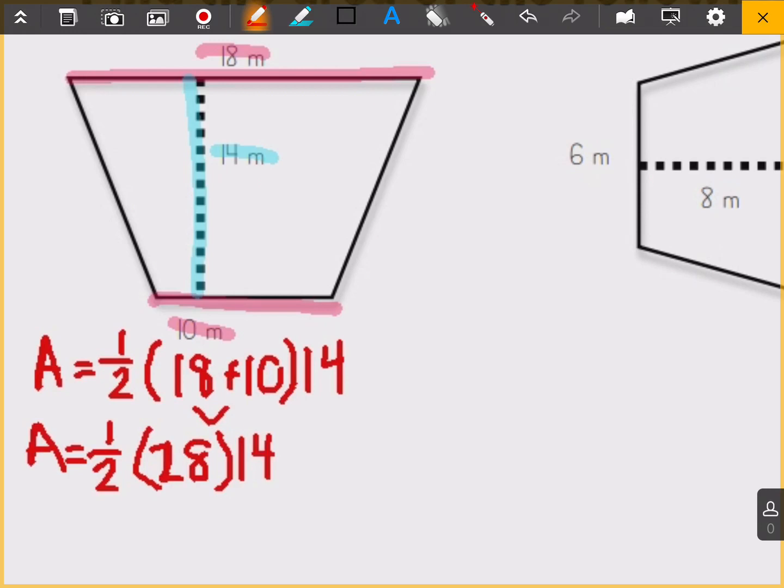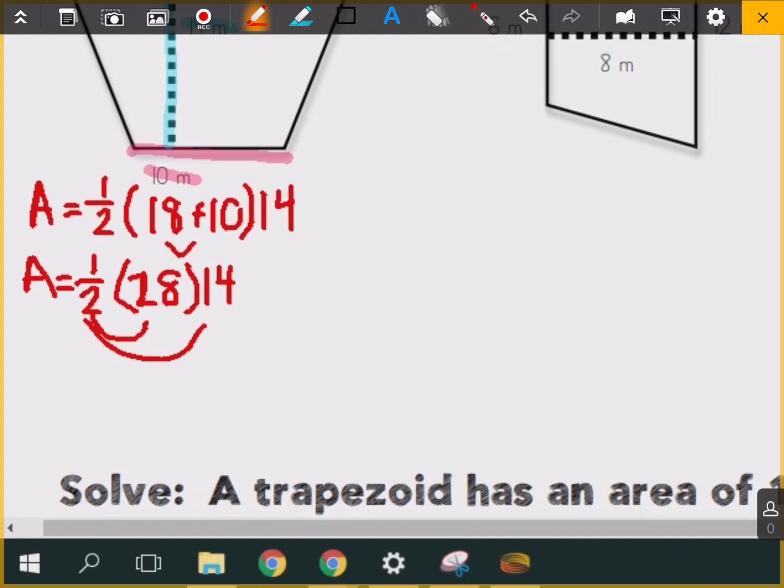So you can either multiply or divide by 2 to the 28 next, or to the 14. It is up to you which one you would like to do. Whichever one looks easier, whichever one makes your numbers easier to work with, that is perfectly fine. So I chose to do the division, or the 1/2 of 28.